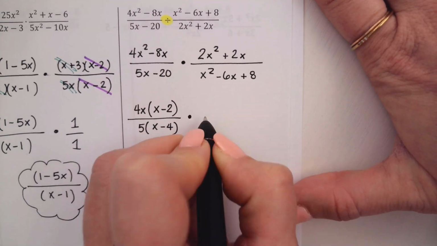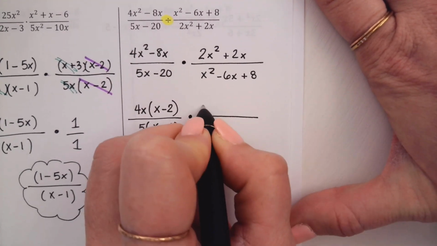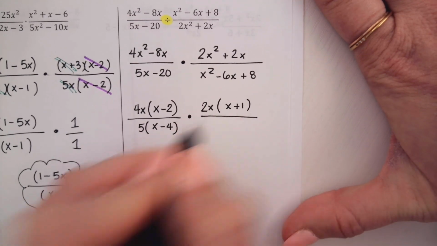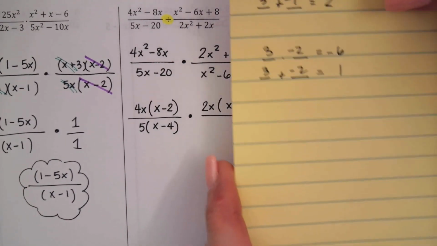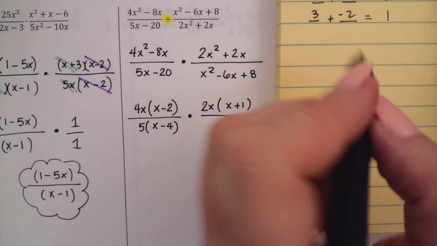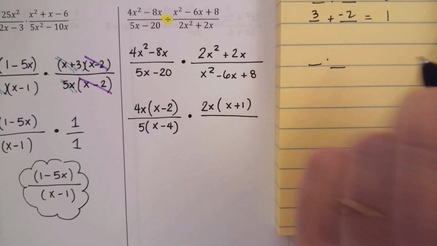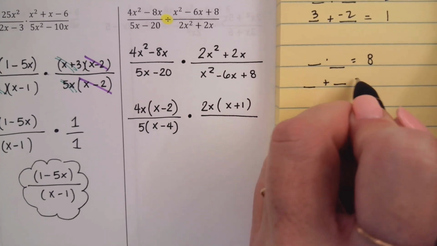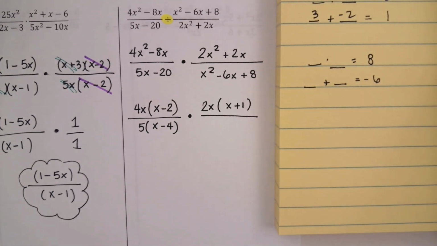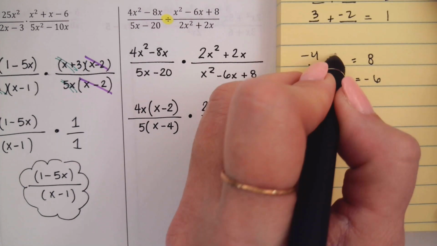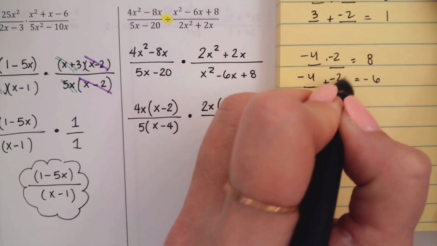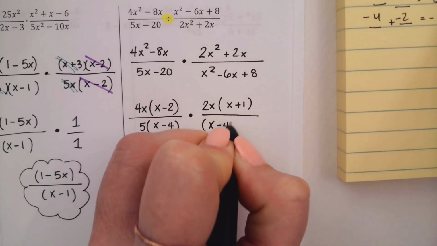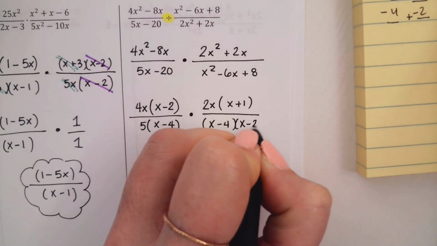Good. 2x GCF, x plus 1. And on the bottom, looks like we have a little easy factoring. Two numbers that multiply to 8, but they need to add to -6. -4, -2. Double check. Multiplies right, adds right. Very good. X minus 4, x minus 2.